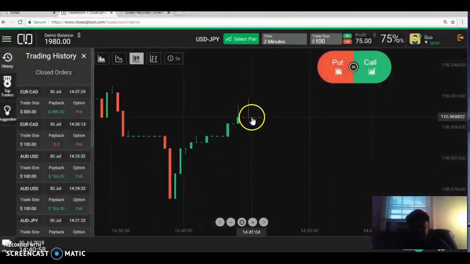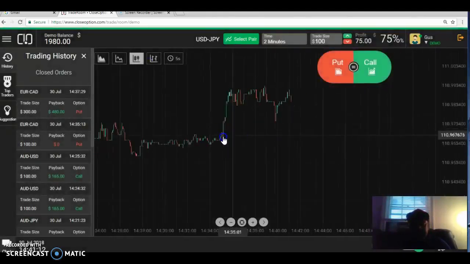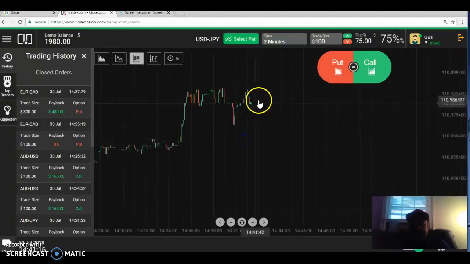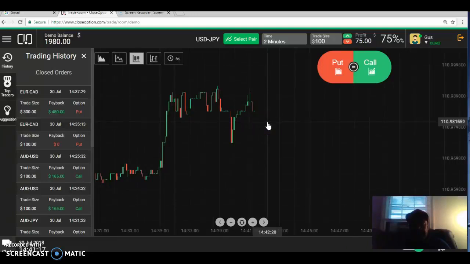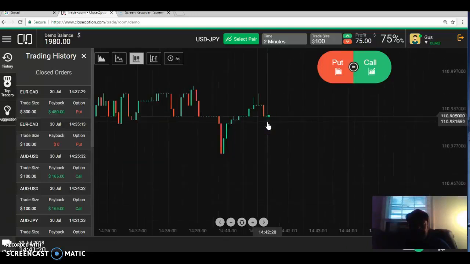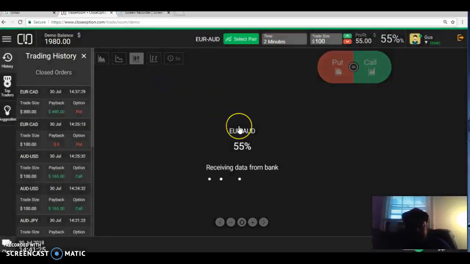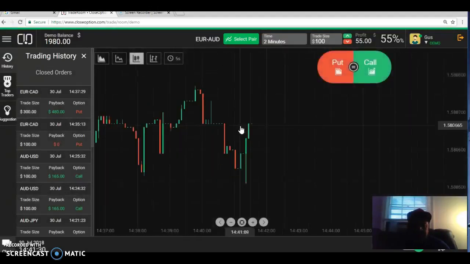Check out the USD JPY. Not too much. Let's move on and see if we can find another currency. May want to go back to that USD JPY in a minute.